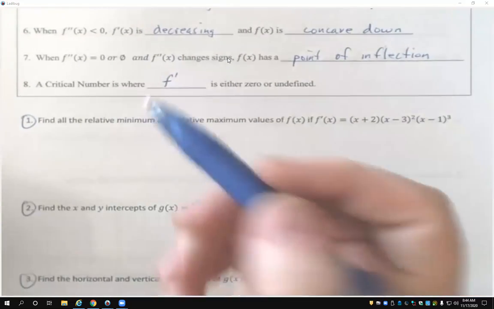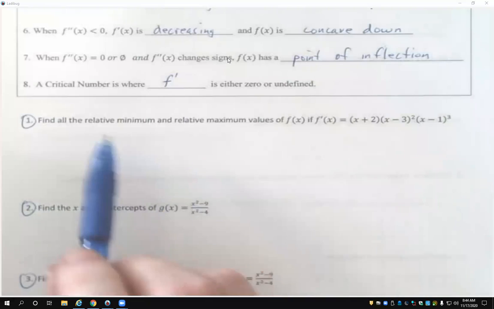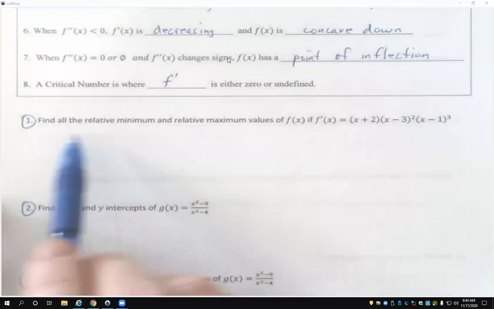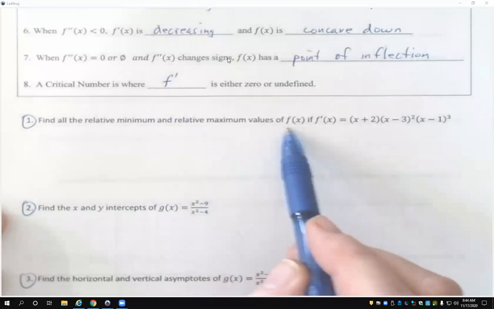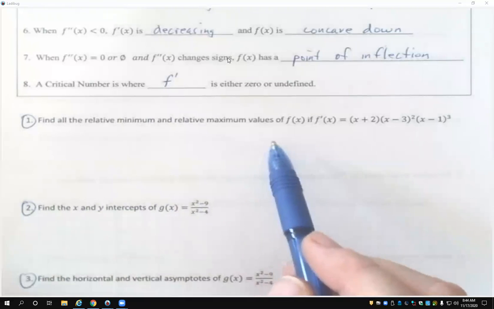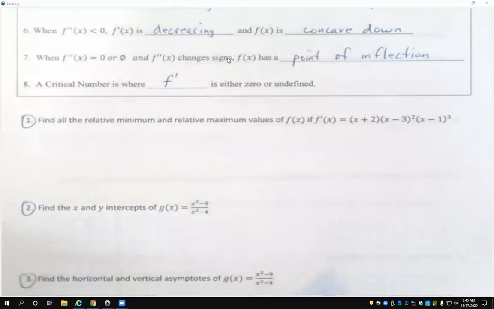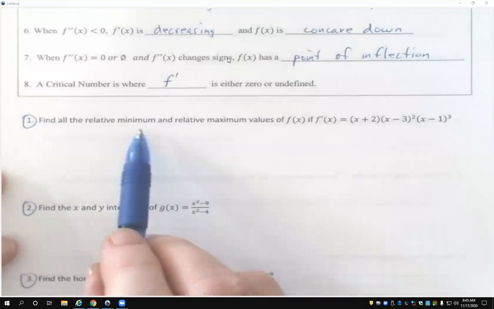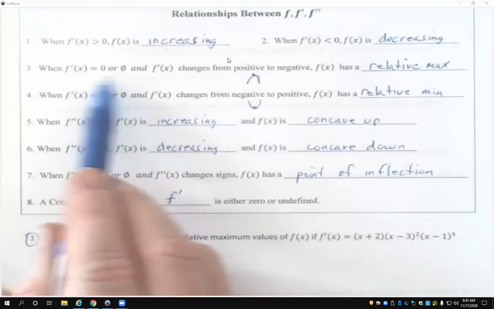All right, so obviously the first thing you need to do, and you've been working all your life on these skills, is identify what I need to find. I need to find relative mins and relative maxes on f of x. Whatever the graph of f of x looks like, I don't know. Whatever the function of f of x is, I don't know. I'm given f prime, but I need to make the relationship that says mins and maxes are where f prime is 0 or undefined.